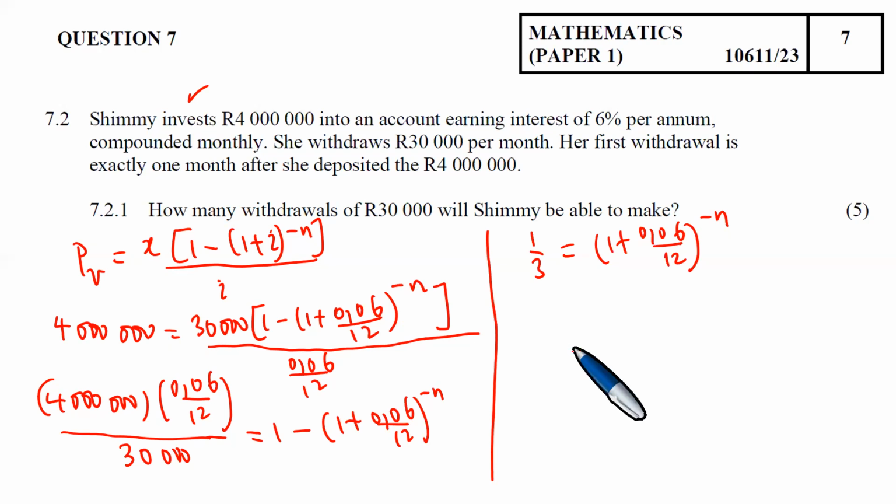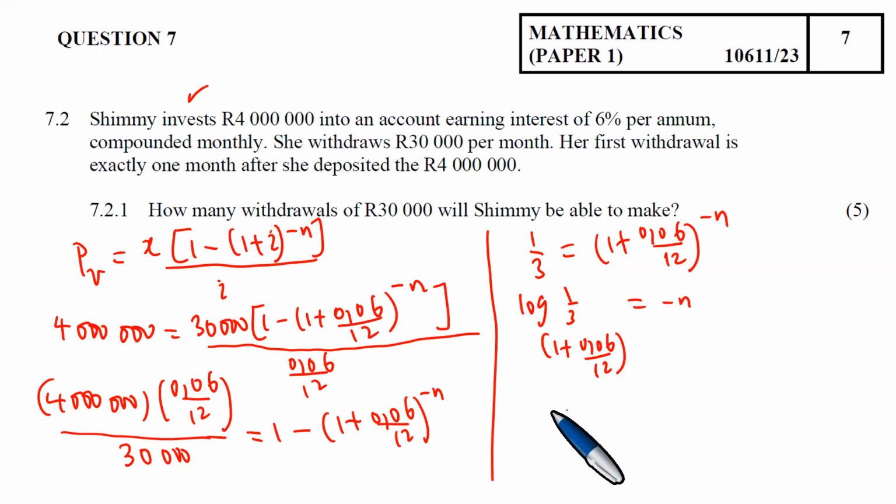To solve for n here, you take the log of 1 over 3, base 1 plus 0.06 divided by 12, and it equals minus n.